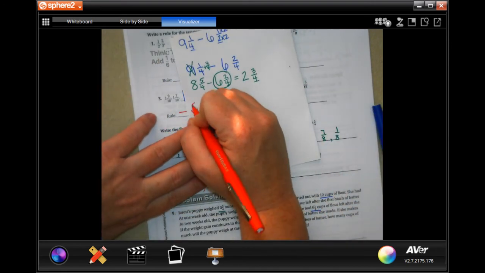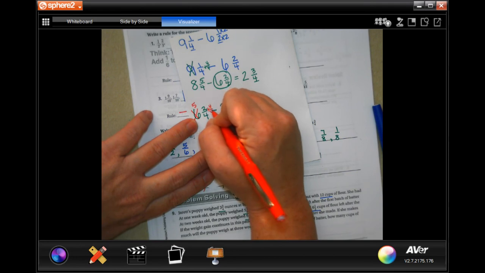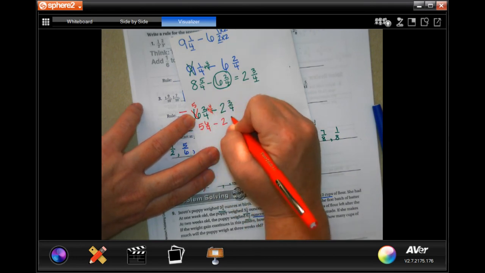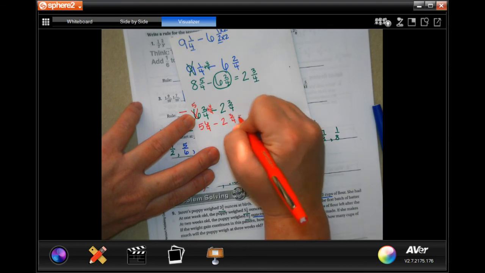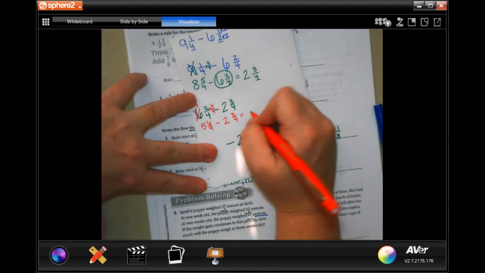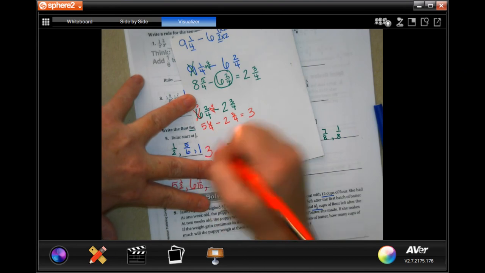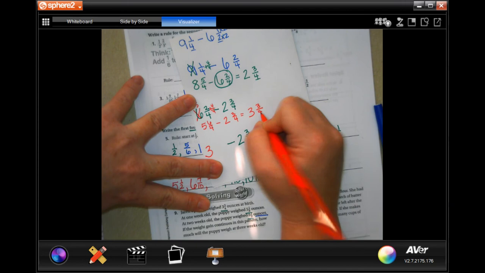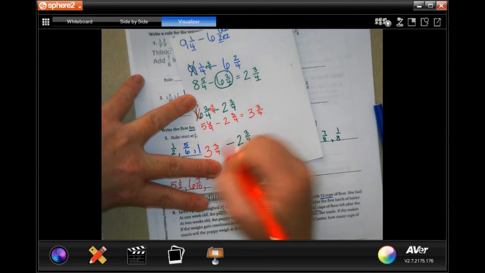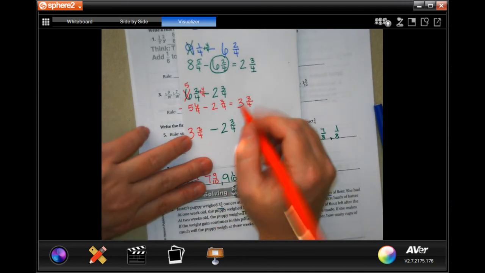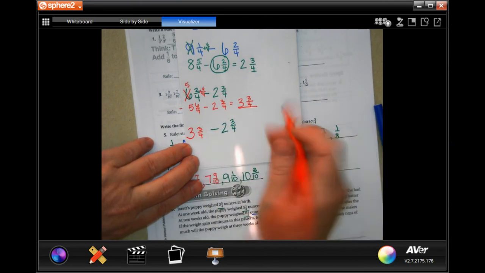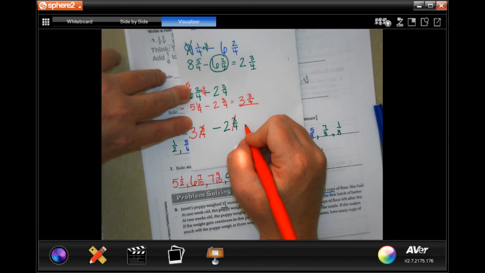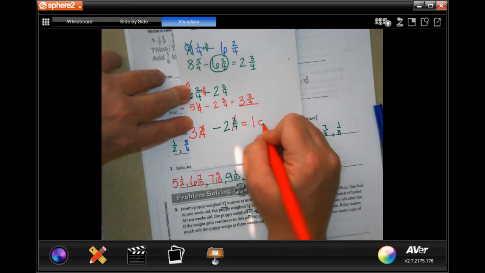I need to borrow 1. Add a 4 over 4 gives me 5 and 6 over 4 minus 2 and 3 over 4. Okay, 5 minus 2 is 3. 6 minus 3 is 3, and 4 stays the same. Okay, that answer went there. Okay, 3/4 take away 3/4. Boom. 3 minus 2, 1. 1 cup.